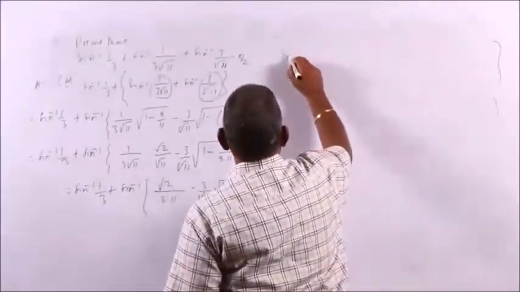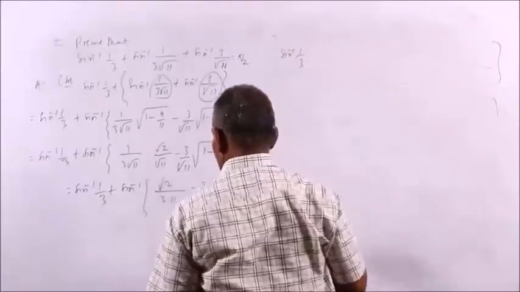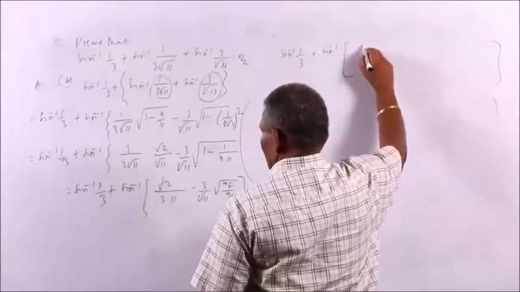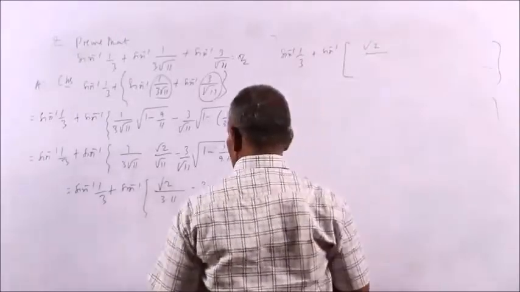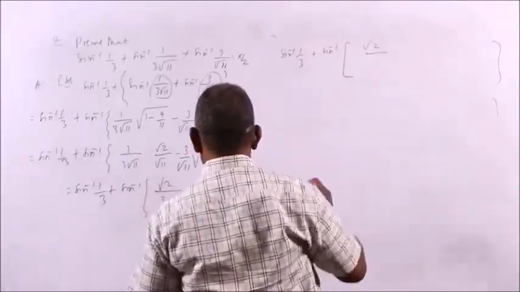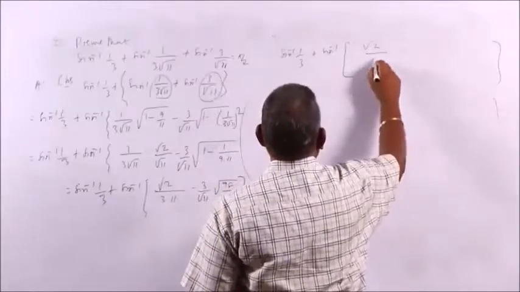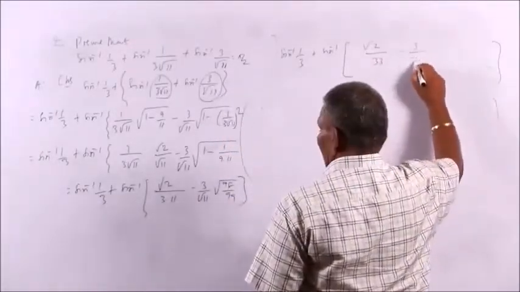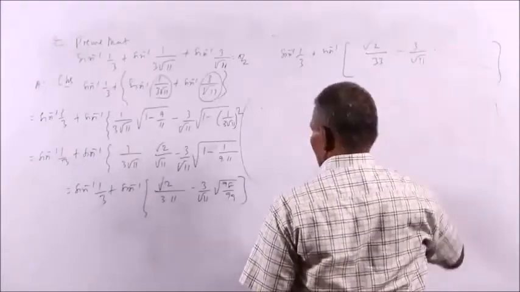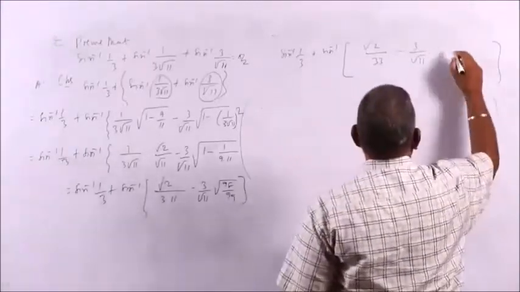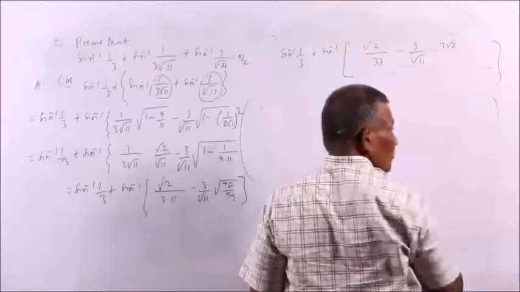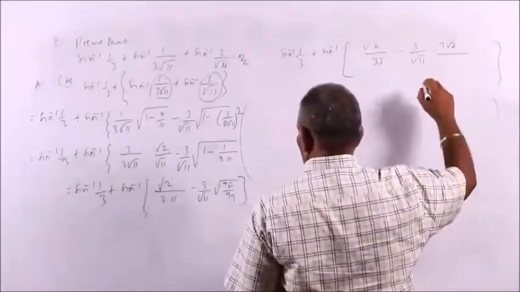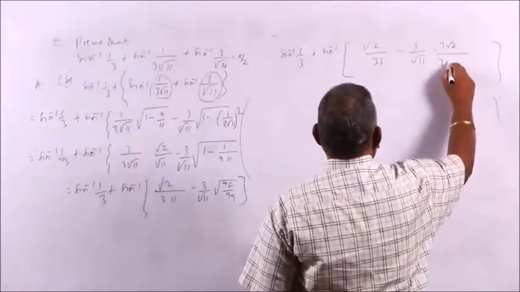That will be sin inverse 1 by 3 plus sin inverse root 2 by 33 minus 3 by root 11 into 7 root 2 divided by 3 into root 11.